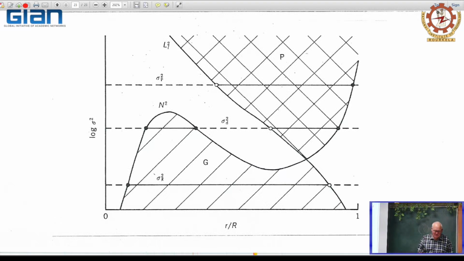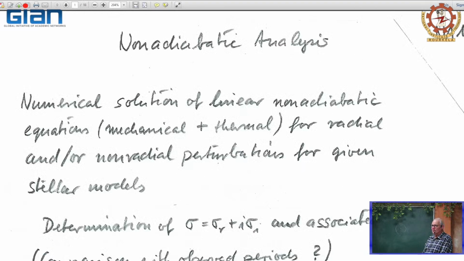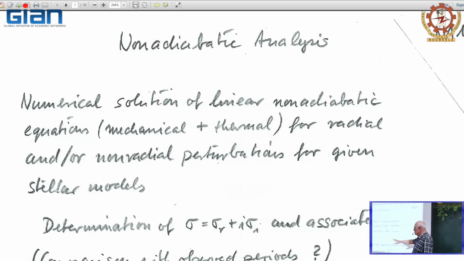Now, in this case, we do not have many analytical tools to describe or to interpret the results. We have to perform numerical solutions of the linear non-adiabatic equations, which means we are dealing both with the mechanical and the thermal structure.